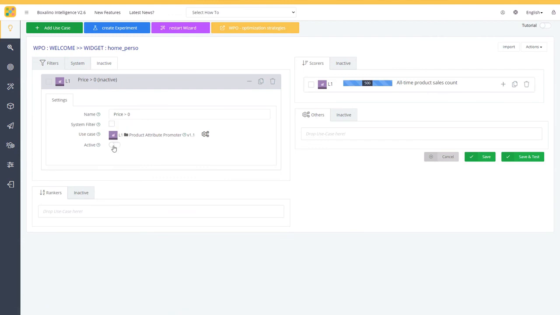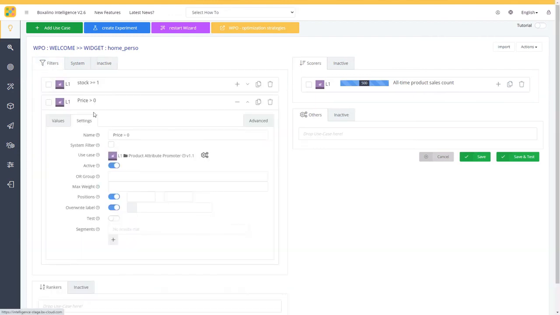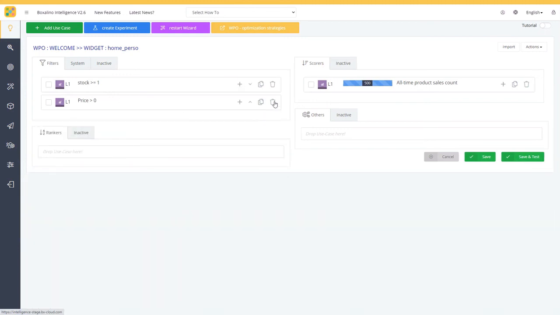And then you can reactivate it whenever you want, and then it appears here. So that's just a simple way to not have to delete things. Of course, you can delete use cases if you don't want them with this delete button on the right, but you can also simply inactivate them and reactivate them at a later stage. And that's the same for rankers, for scorers, and for others.